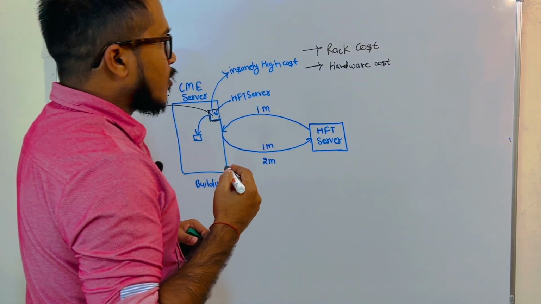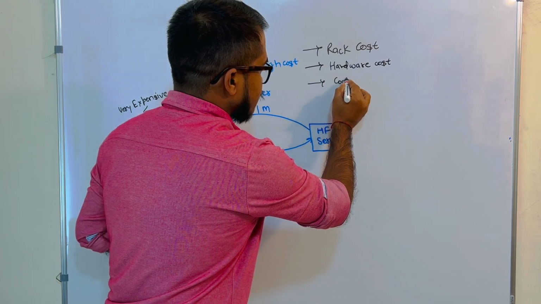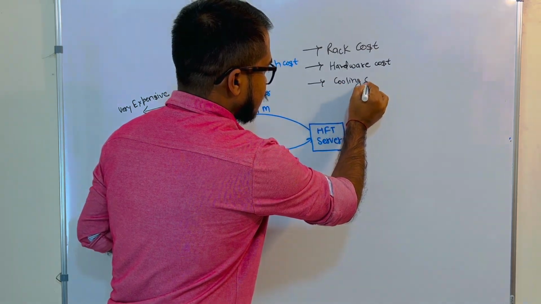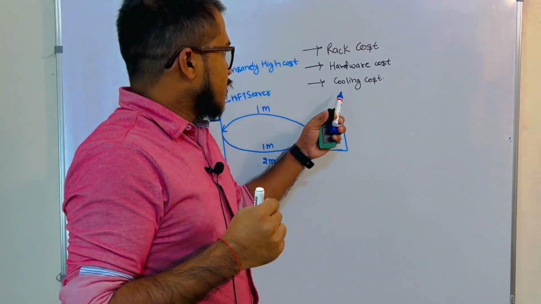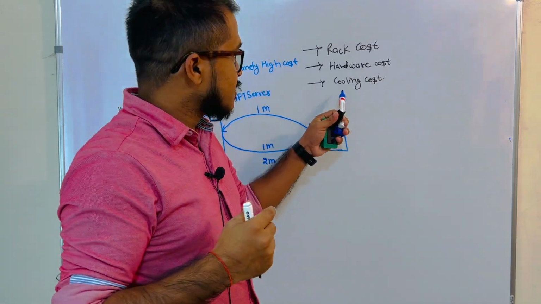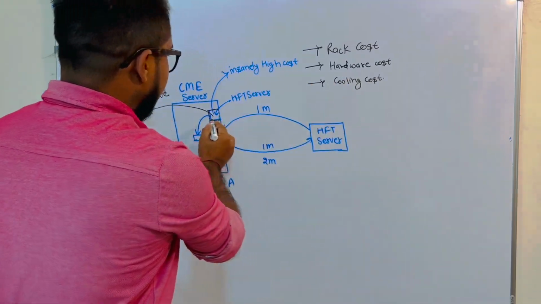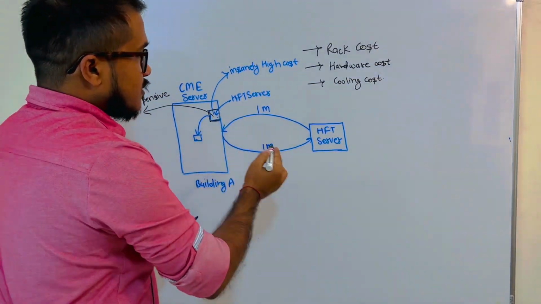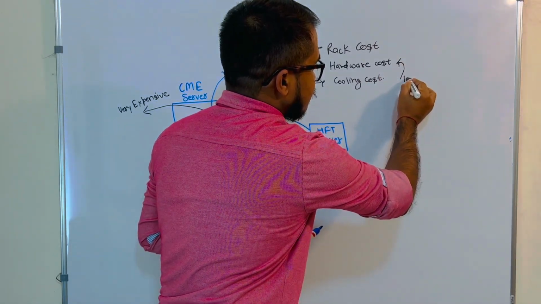And if we talk about the third major cost, that cost is cooling cost. Although you might feel that, is that a significant cost? I will say yes, this is very high cost, because this particular hardware that you have set up here will always run at its 100% capacity.